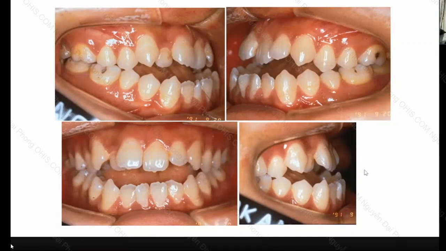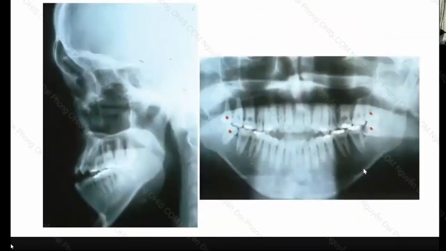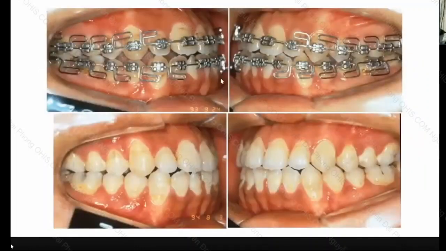Same long face syndrome, very flat occlusal plane, posterior discrepancy. So this case, like open bite treatment, the same way: eliminate the posterior discrepancy, that's why third molar extraction, then change the occlusal plane, that's it.